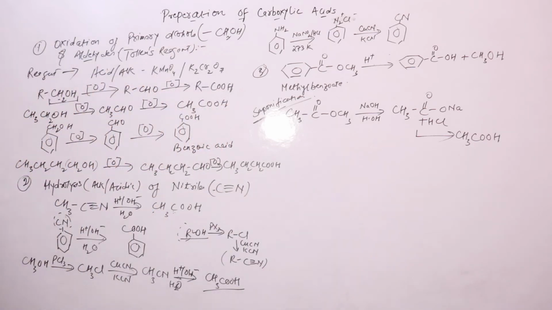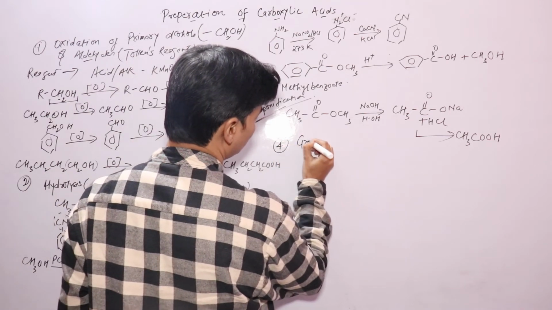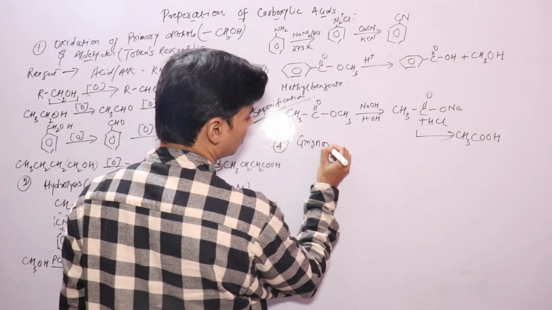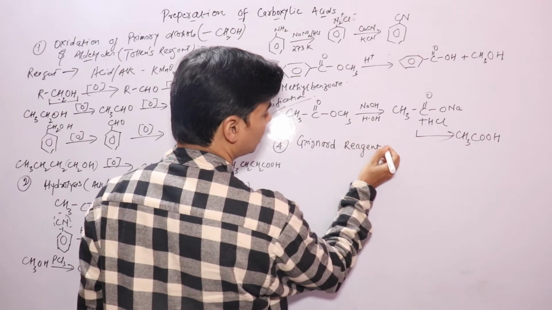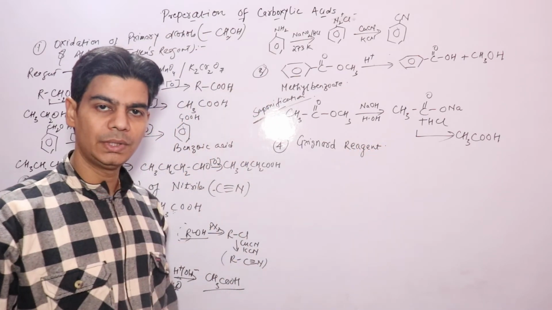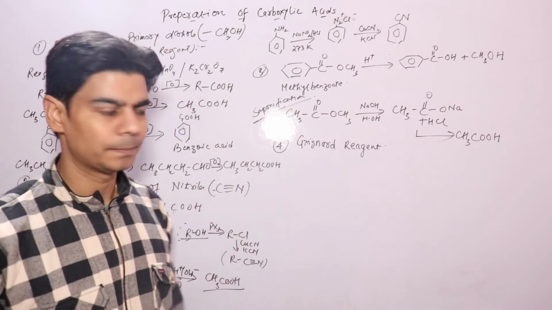Now the other method that we will look into is from Grignard reagent. We know that Grignard reagent can be used to prepare a variety of organic compounds, and carboxylic acid is one of them.